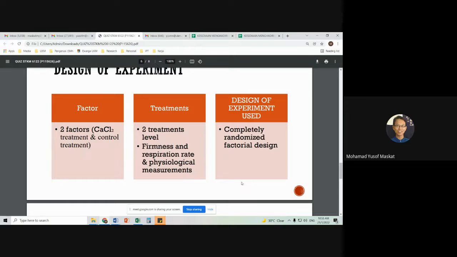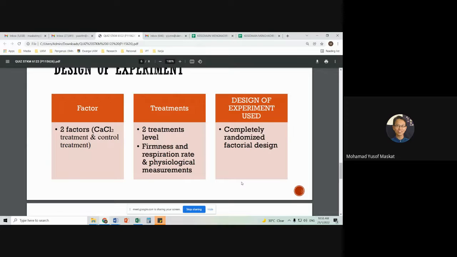A one factor design is where you only have one factor. You can use blocks in a one factor design. You can also use blocks in a more than one factor design. For example, if it is a one factor design, then you can use a completely randomized design, a CRD, or a completely randomized block design, or CRBD.